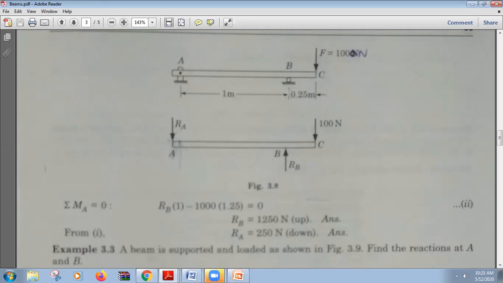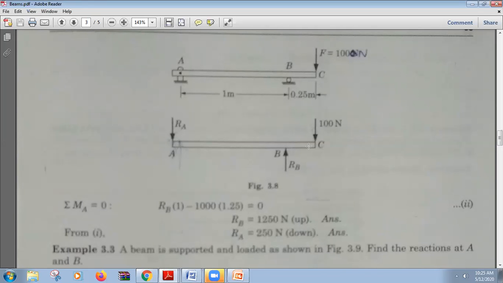The roller support has a vertical upward reaction, RB. RA is like this. We can see A, B, C. B is the support. C is the vertical downwards loading, point loading. A is a pivot or fulcrum about which the moment is to be taken.